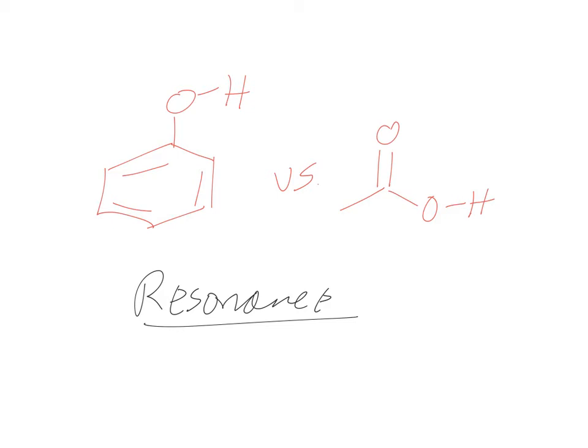Some of the more savvy among you may look at this and say, wait a second, that's an oxygen here. These are just carbons here. Maybe inductively, this would pull more, so this would be a more polar OH bond, just by looking at the starting materials. Somebody might have thought that, they should have. So induction is one way you can look at this too, to justify why this is a stronger acid than this. So induction would work.